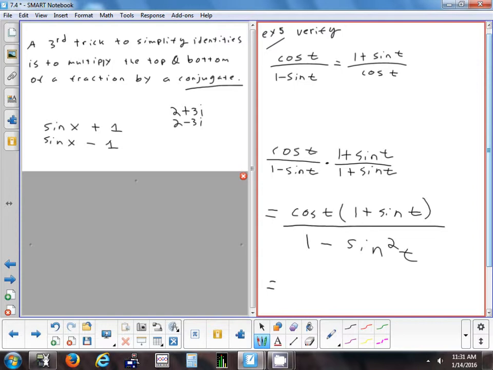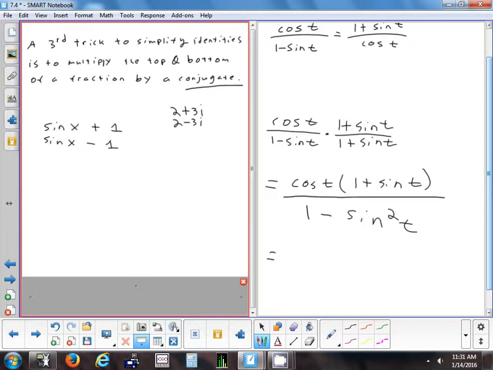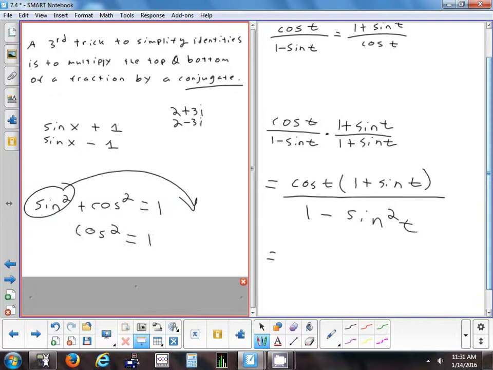Since sine squared t plus cosine squared t would equal 1, then 1 minus sine squared t equals cosine squared t. Yeah, it's this identity just rearranged. Put that on the other side and look what you get. Cosine squared is 1 minus sine squared.